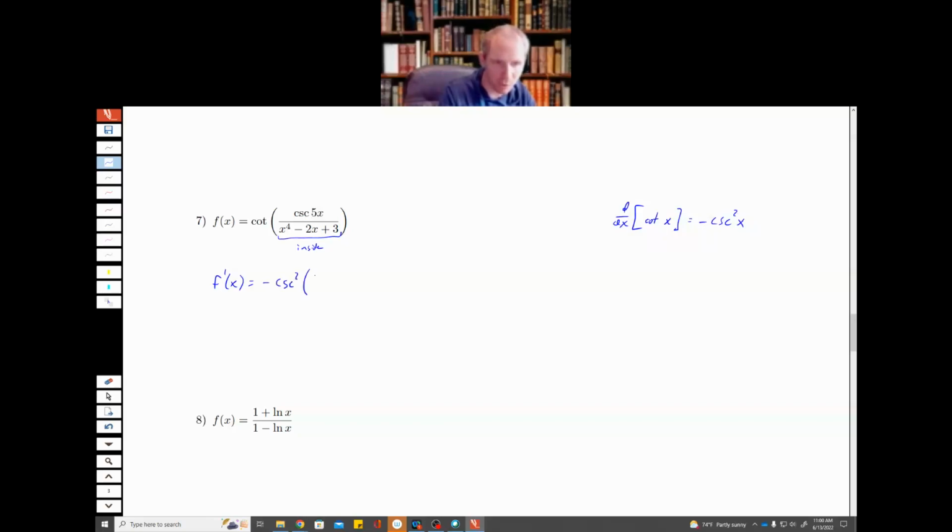So I get negative cosecant squared of this inside function, and then times the derivative of that inside function. Okay, now to work out the derivative of this inside function, this is a quotient rule.